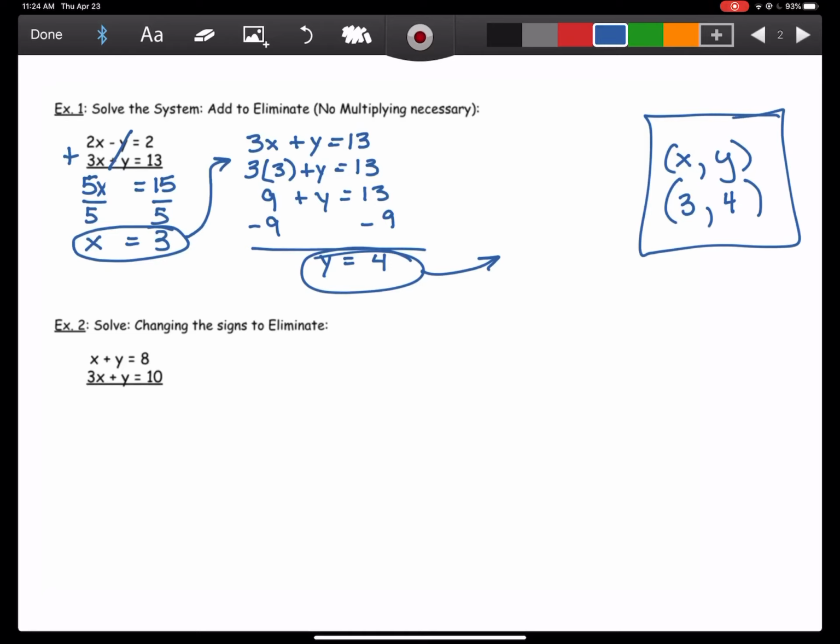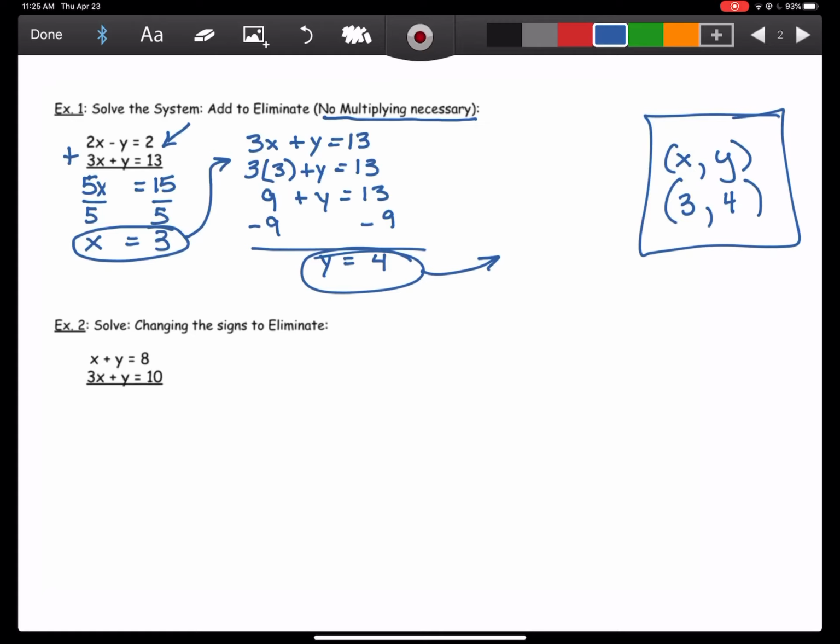Now, if we look back at the directions, it said solve the system. It also said no multiplying necessary. Because when I look at this problem, I notice that it has a negative y and a positive y. And I like to always start out these problems by saying, do I have opposites or do I need to make opposites?